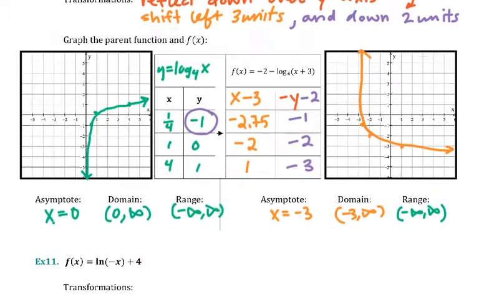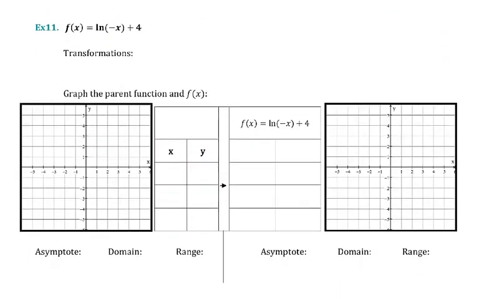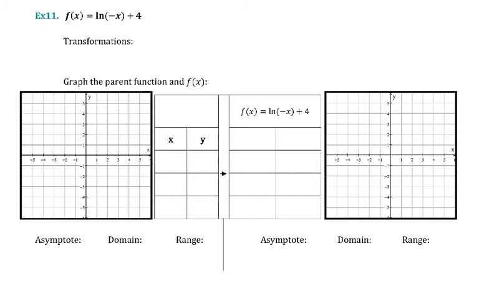Okay, our last graph here: y equals ln of negative x plus 4. The base on this graph is e, so my parent graph is y equals ln x.